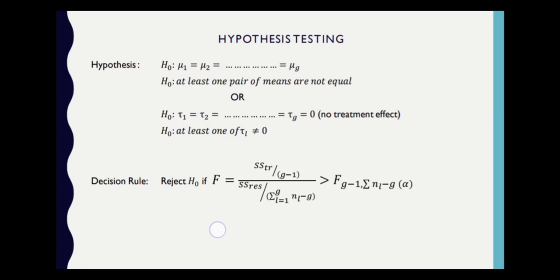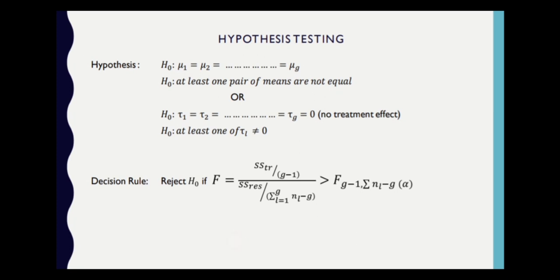If this test statistic is more than the F distribution, which is kita comparekan F statistic with the F distribution with degree of freedom of SS treatment dan SS residual. If this test statistic F is more than F distribution that you find from the F table, so we reject H-naught.